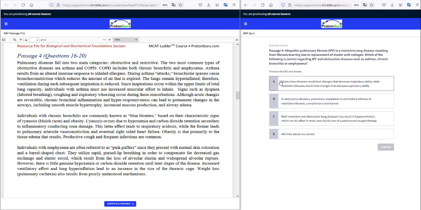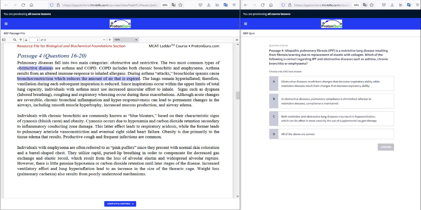So let's take a look at answer choice A, and it talks about inspiratory and expiratory ability. If we look at the discussion, we see that it's mentioned almost right away in the very beginning. During asthma attacks, you have bronchoconstriction, for example, which reduces the amount of air that is expired from the lung. And asthma is one of the obstructive diseases listed here.